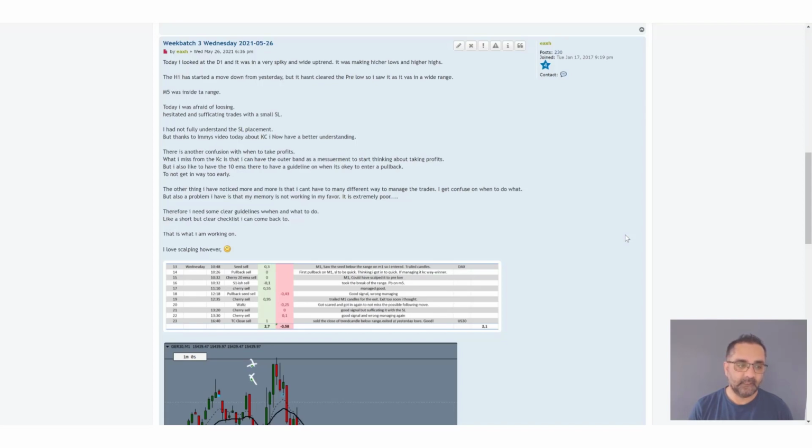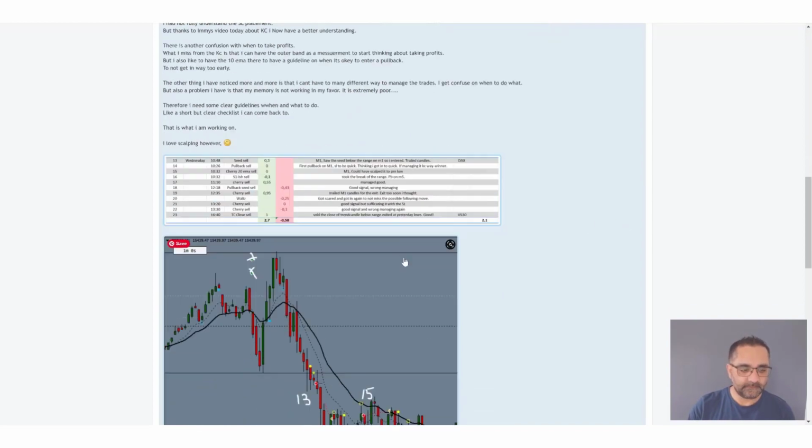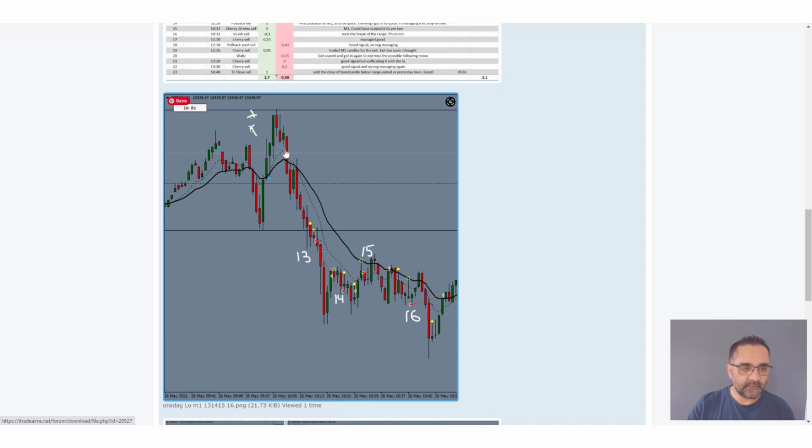I mean, 5-minute is better. It's definitely better, especially for scalping. I mean, a scalp is basically, if you go short anywhere here and you take anything between this move down, that's a scalp.